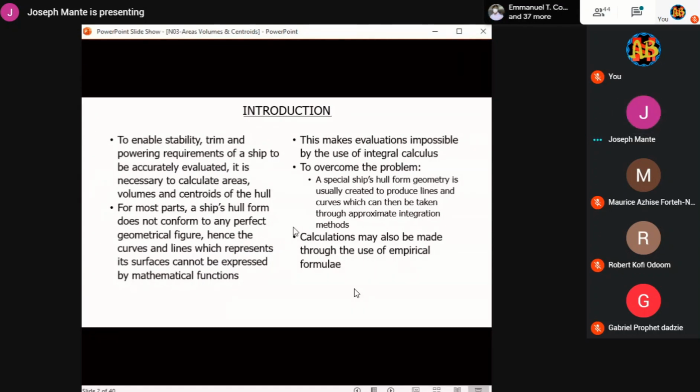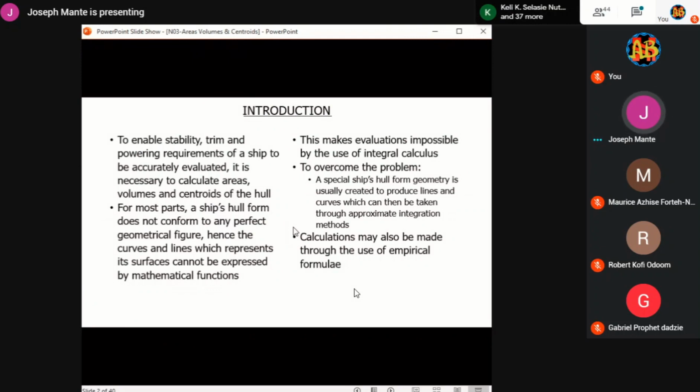You don't have a perfect geometrical figure where you can say the shape is a rectangle, or a square, or a triangle. It doesn't have that kind of perfect shape that you can pinpoint.